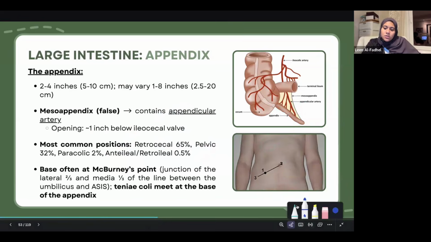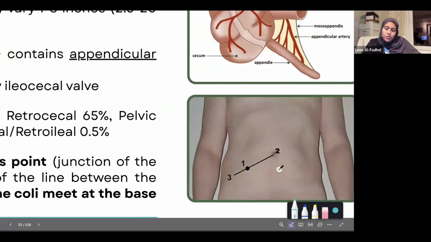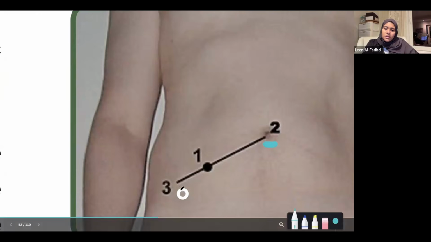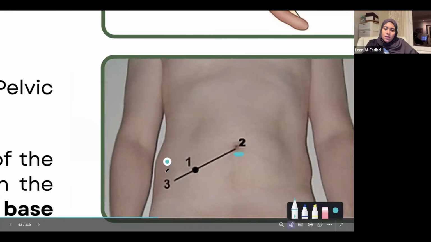What is McBurney's point? This is a very important point. They can easily give you an appendicitis case, an SAQ, and then ask you how do you draw McBurney's point? So you take a line, here's the umbilicus, and here is the ASIS, over the pelvis.